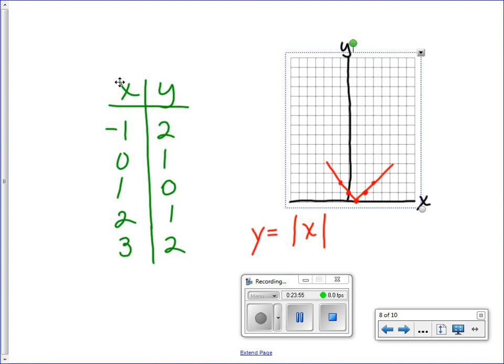What I want is an absolute value of 2. So if I take negative 1 minus 1, I get negative 2. And the absolute value of negative 2 is positive 2, which is what I'm looking for. 0 minus 1 is negative 1. And the absolute value of negative 1 gives me positive 1.